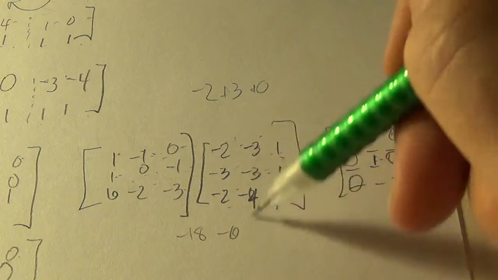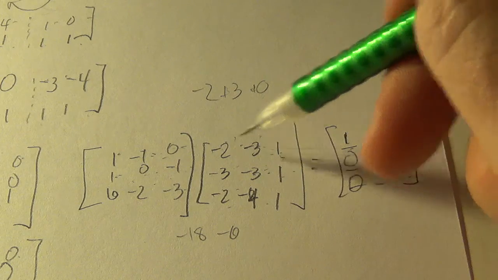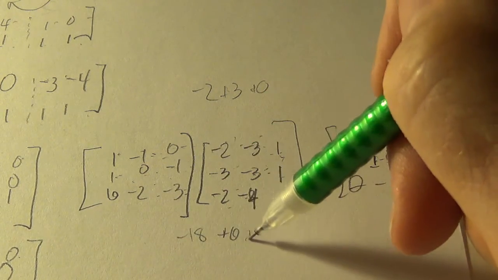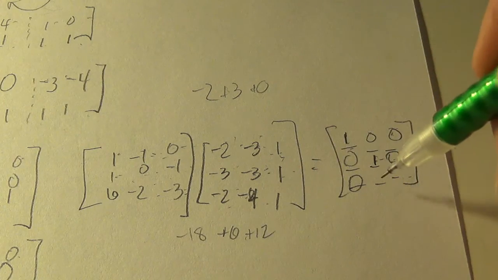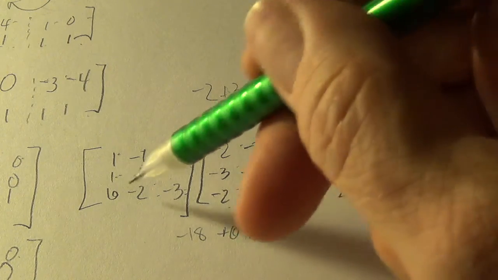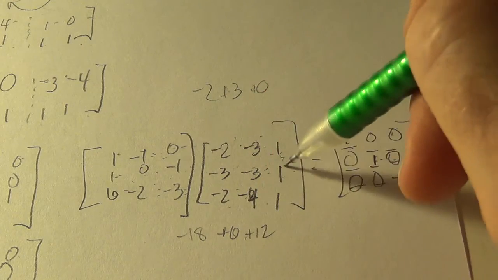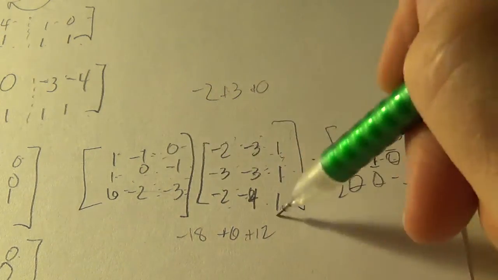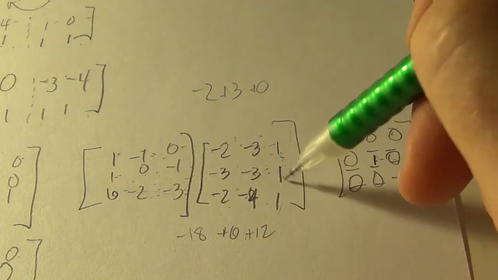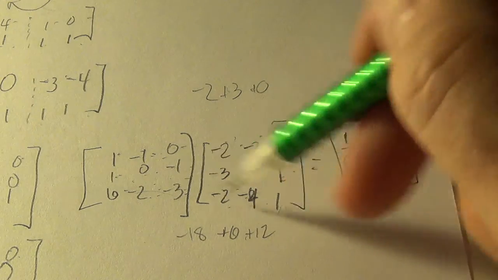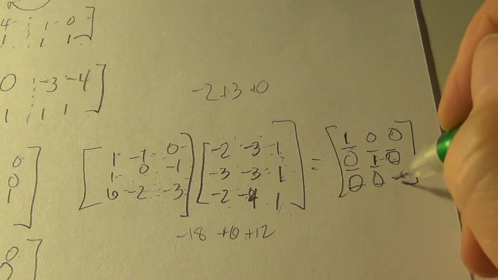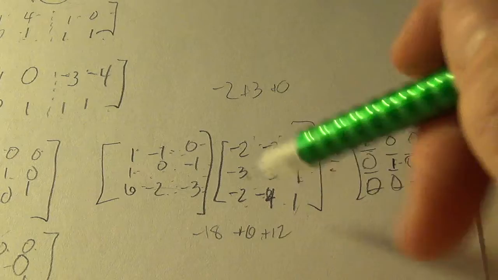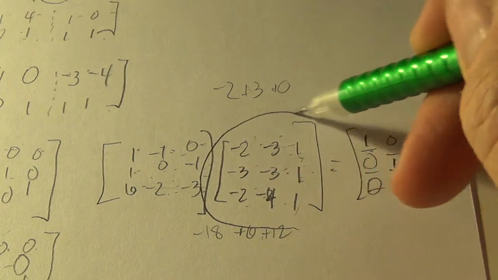Third row, second column. -18 plus 6 plus 12, 0. Alright, that one worried me. 6 minus 2 is 4. Oh, wait a minute. This one and this one. 6 minus 2 is 4 minus 3, 1. It worked. Alright, so that's what you should get if this is the inverse.